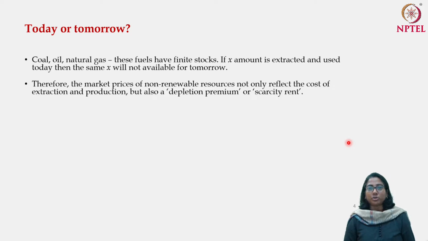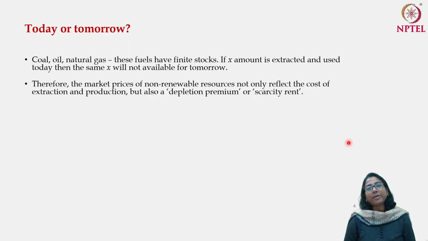So if I use it today, it will not be available for tomorrow. So I am using it today at the cost of tomorrow. Or if I want to postpone my consumption, I am using it tomorrow at the cost of today. So there is a trade-off between today and tomorrow, and this leads to a concept called the depletion premium or scarcity rent.